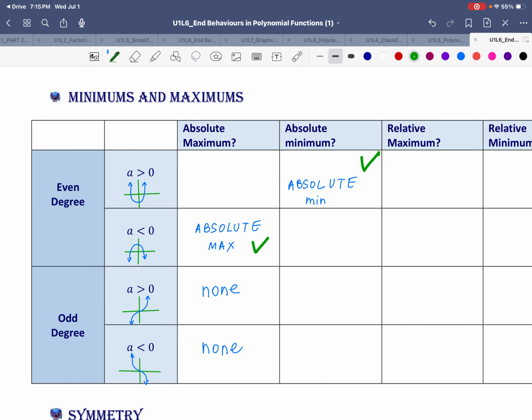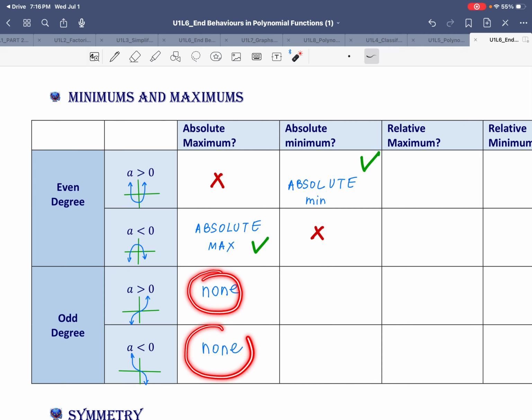So when an even degree polynomial function has a positive a, it has an absolute min, it cannot have an absolute max. So you can put a cross in there if you want to complete this accordingly. And an even degree with a negative a can have an absolute max, no absolute min. Obviously, you can have one or the other. Now, odd degree polynomial functions can get away with no absolute min or absolute max, okay?